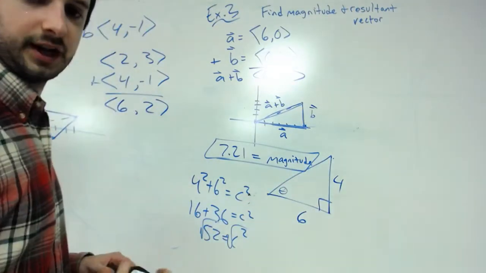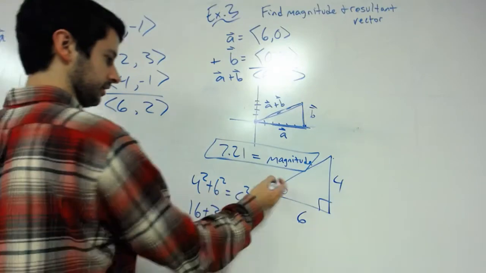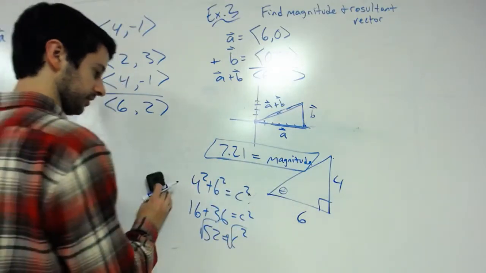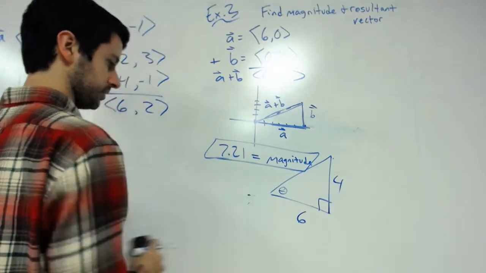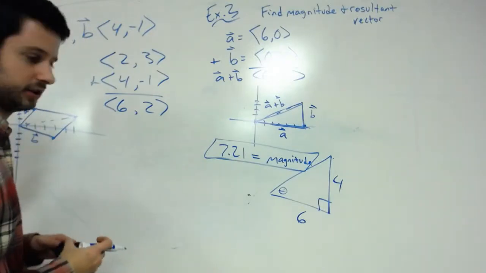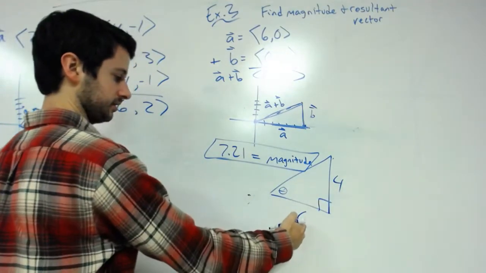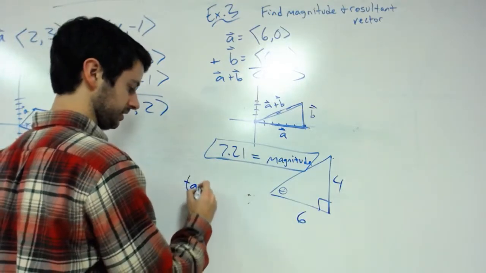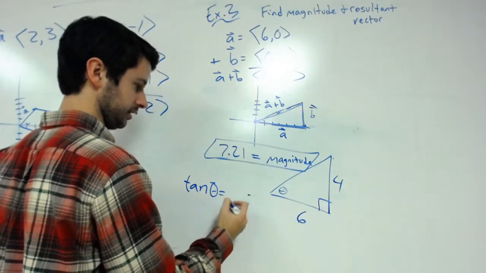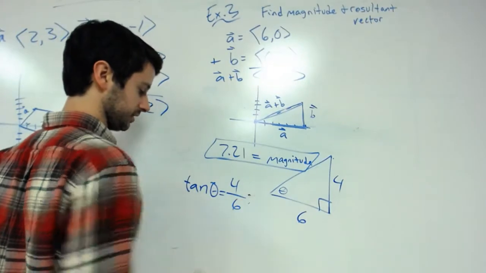In a sense, it's your angle of elevation. So this is the angle of the resultant vector that we're looking for. In order to find that, we just apply the trigonometry that we've previously used. This one uses opposite and adjacent. So that would be tangent of theta equals opposite 4 over 6.